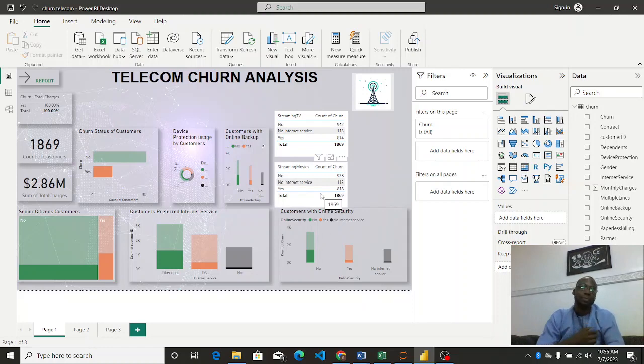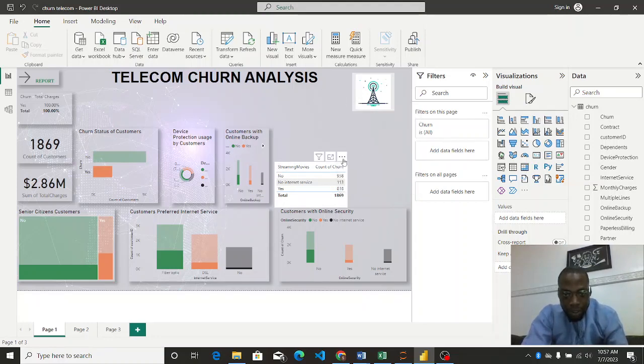So 50% of these internet users stream movies, and 50% of these internet users make use of streaming TV. Making use of streaming TV means you use the internet aggressively. Streaming movies also means you make use of the internet aggressively. So that's my point. That is why this is a secondary metric, pointing to them making use of the internet aggressively.